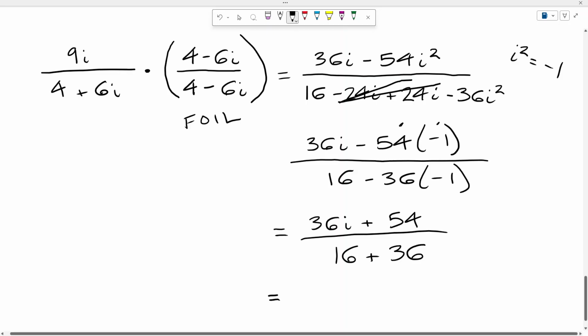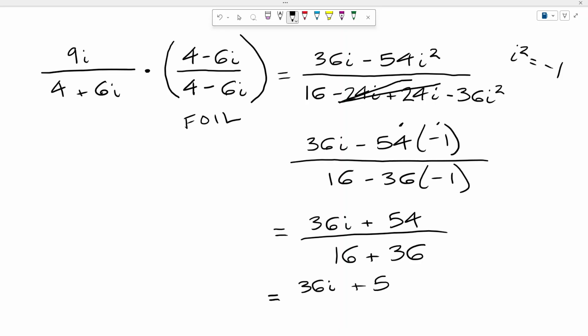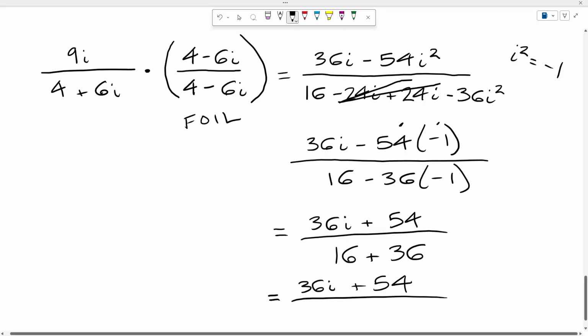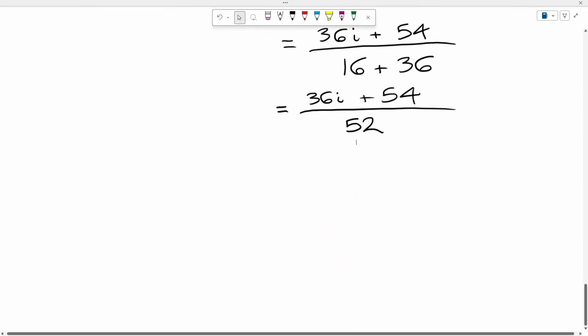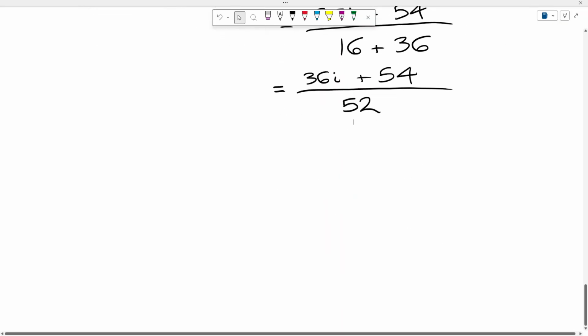And then from there, we have 36i plus 54, and that is over 16 plus 36, which gives us 52. Depending on what they're asking for, we'll take it a step further.